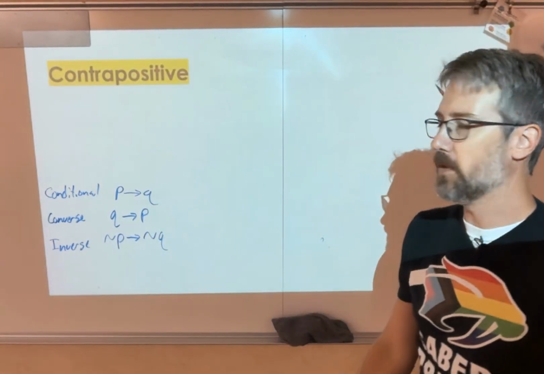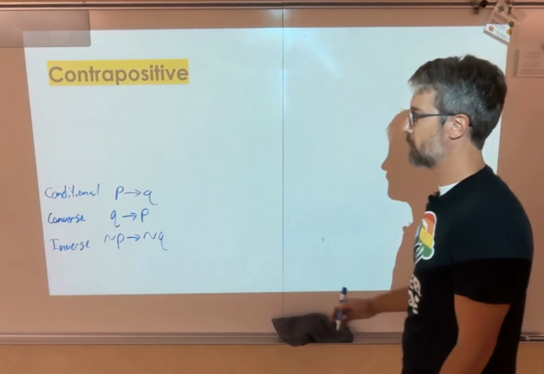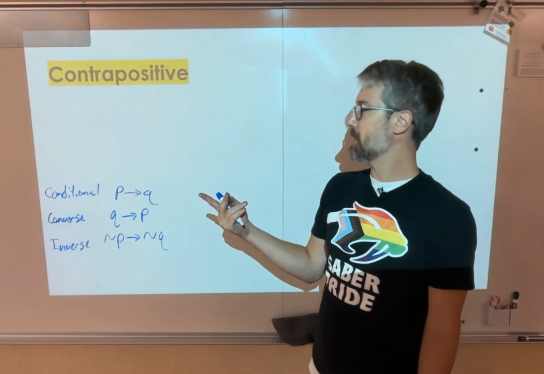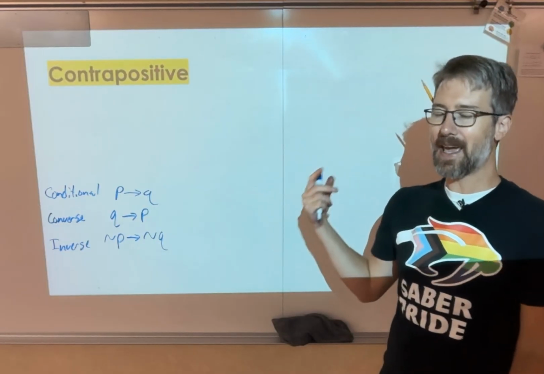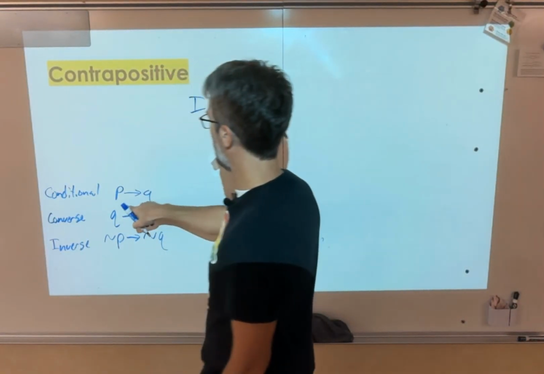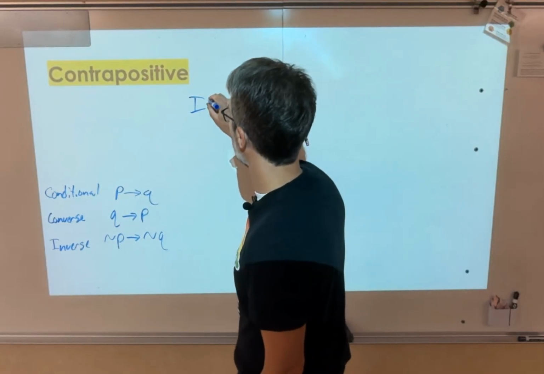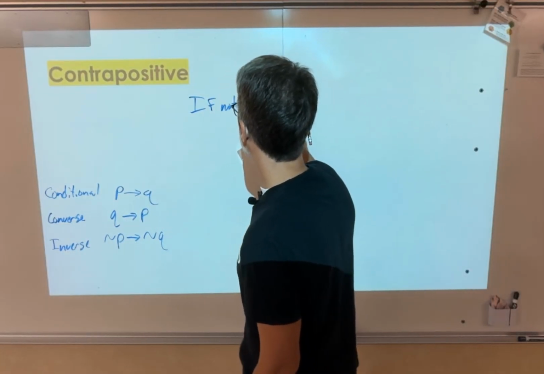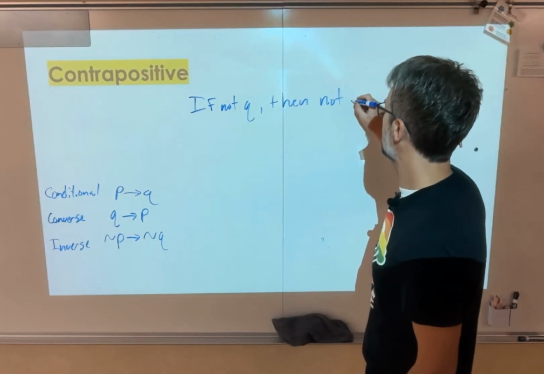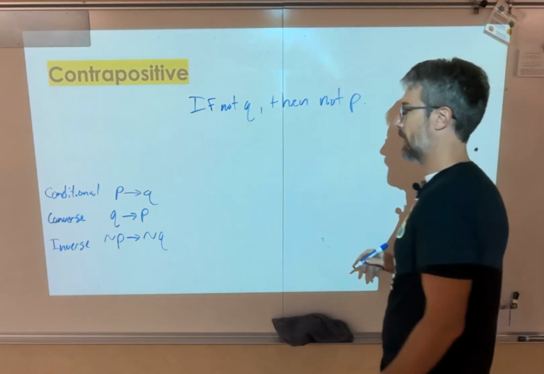All right, then the fun one, contrapositive. So now we do both things. We flip the hypothesis and the conclusion around and change them to not statements. So now, instead of going if P then Q, we're going to say if not Q, then not P, right?